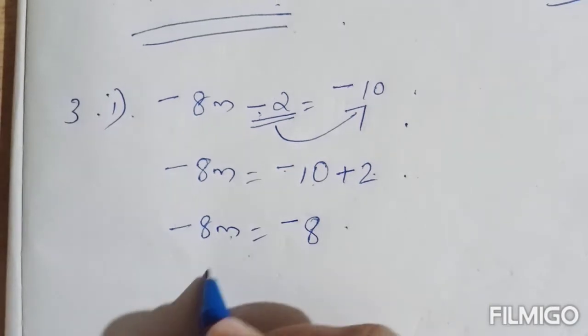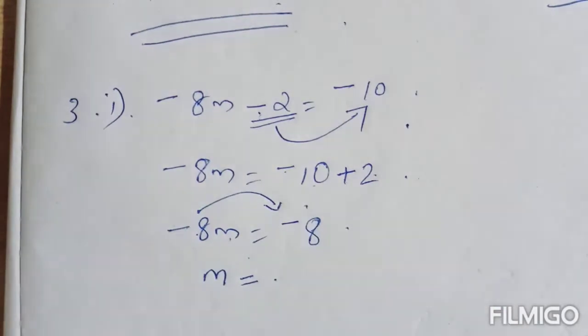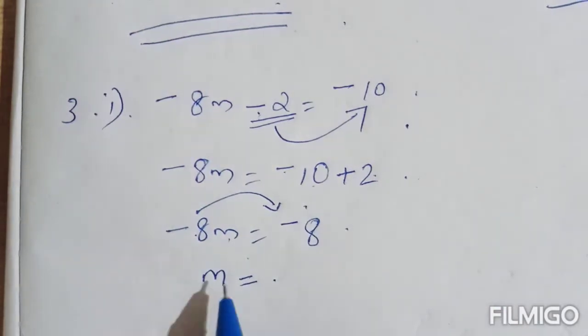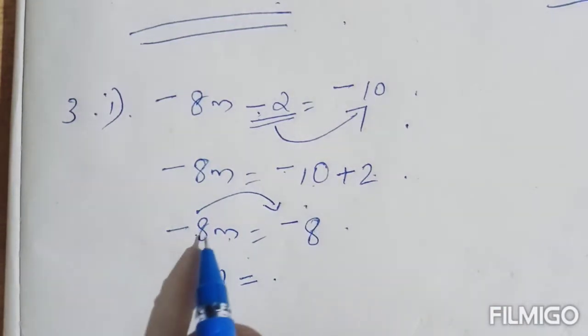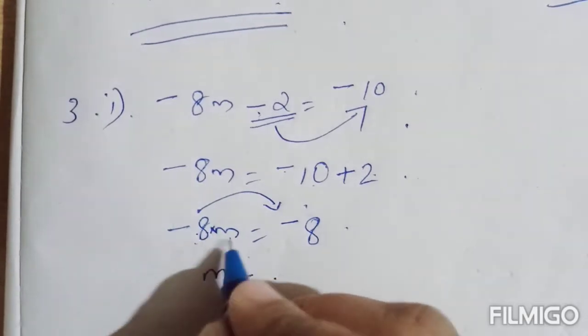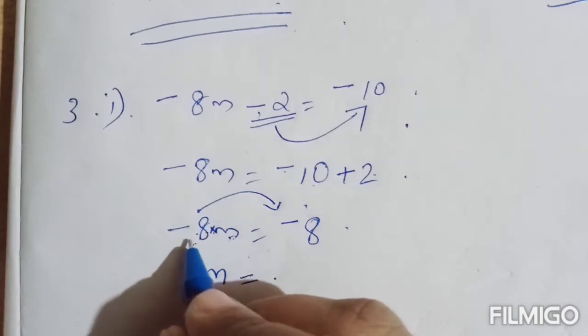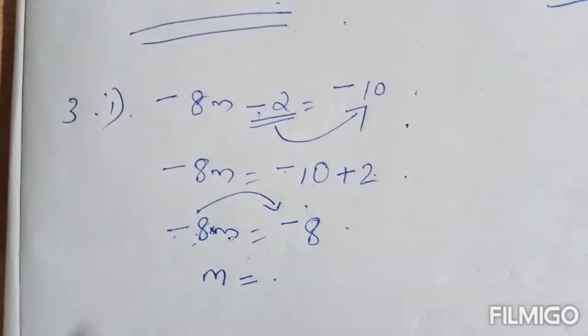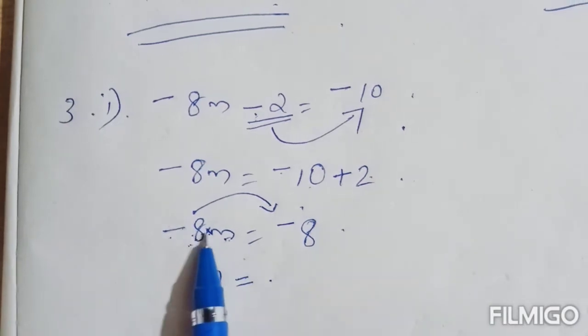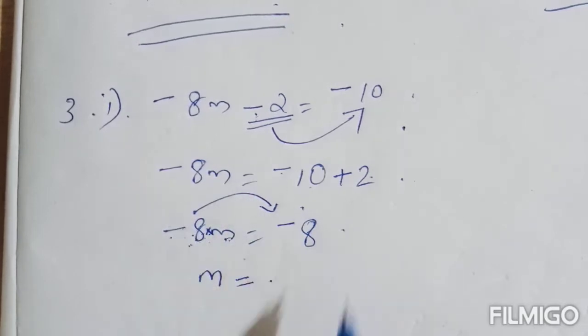Now we have to find the value of m. So m equal to, this minus 8 we are taking to the other side. Negative 8 into m, it is multiplication. So if you are taking multiplication minus 8 to the other side, it will be divided by minus 8.